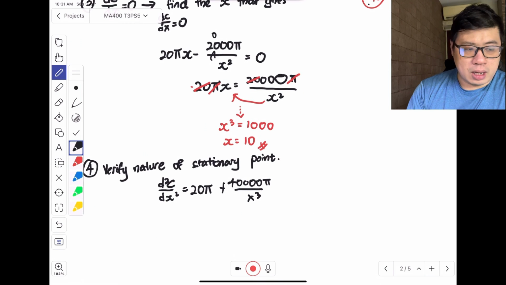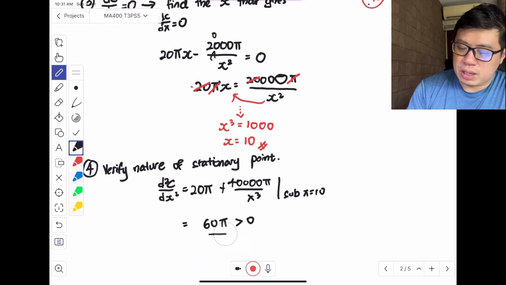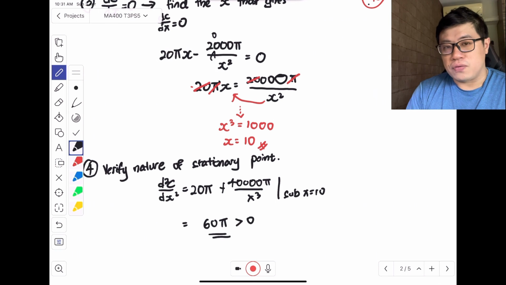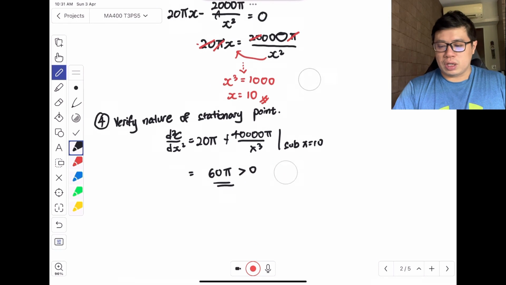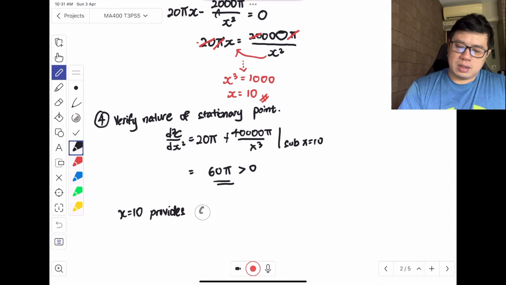If you substitute x equals 10 in, you are going to get a value of 60 pi, which is indeed more than 0. If your second derivative is more than 0, it tells you that x equals 10 provides a minimum value for the cost.